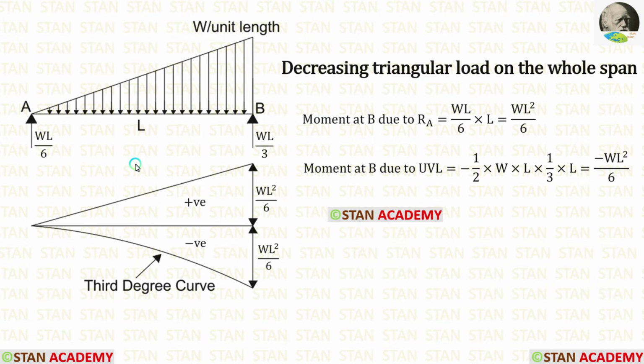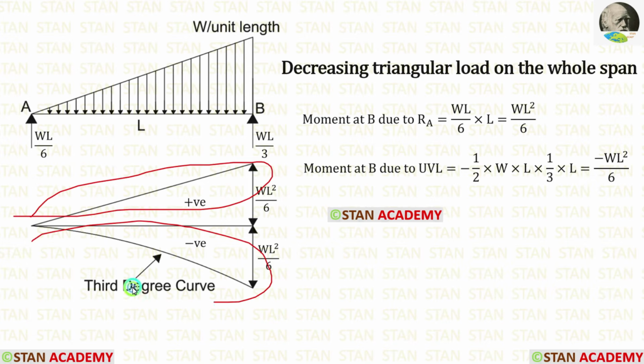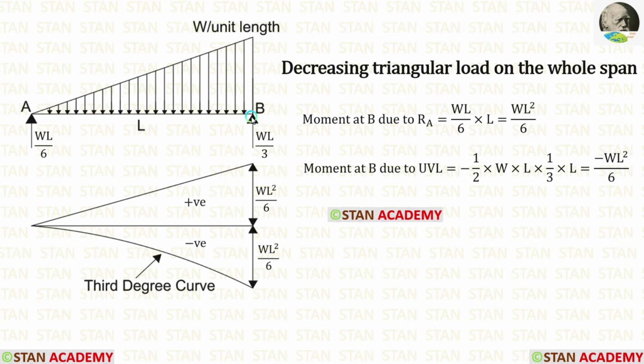Here we have to draw two bending moment diagrams, otherwise it will be very difficult to make the formulas. We are going to find the moment at the point B. Before the point B, there are two loads: the reaction at the point A, WL by 6, and then the UVL.